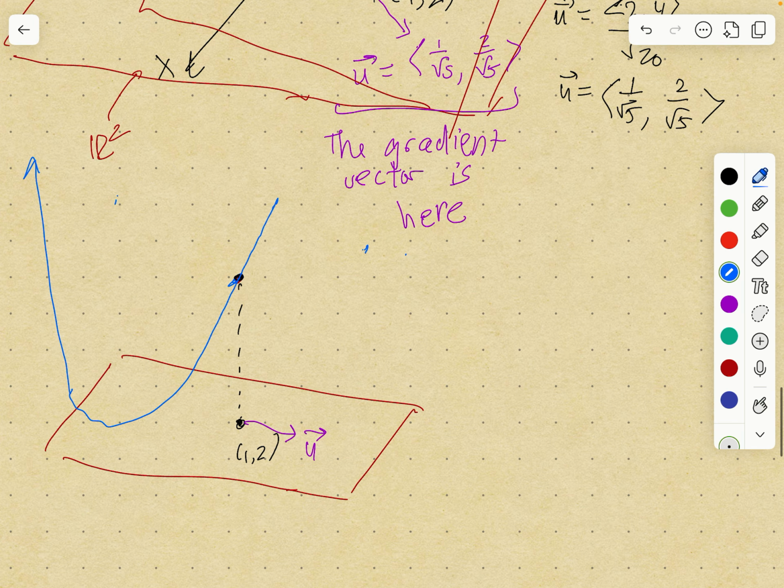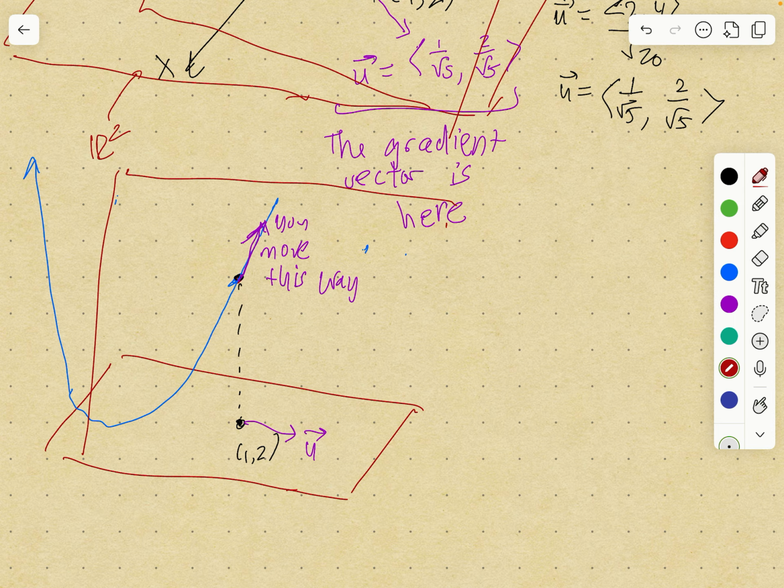And then you would go in that direction. So you would move this way. You take this cross section of the paraboloid with this plane.